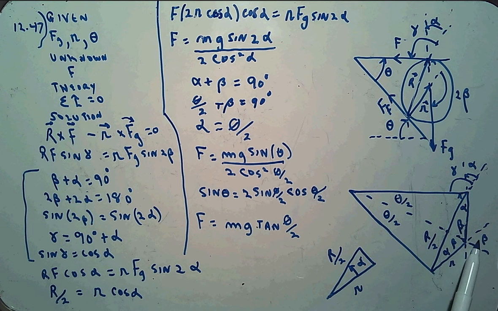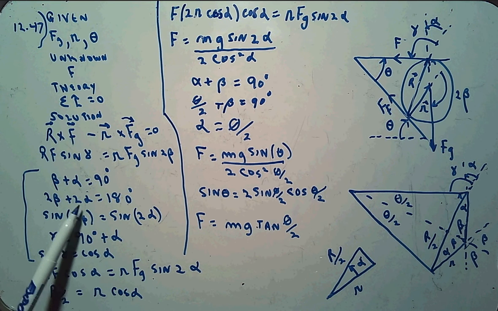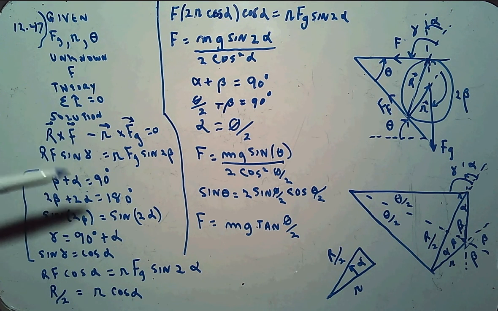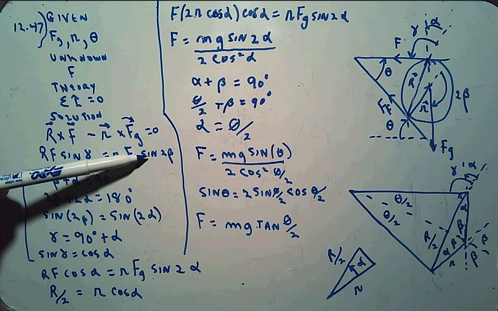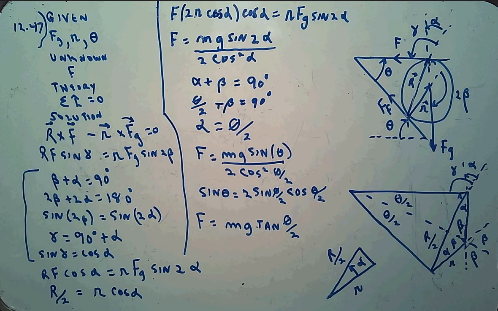Now I get the 2 betas because these are reflex angles right here. Therefore 2 beta plus 2 alpha must be equal to 180 degrees. This allows me to take this sine of 2 beta and write it as sine of 2 alpha. So I can get this expression in terms of alpha. I'm going to try to get this expression over here in terms of alpha also.